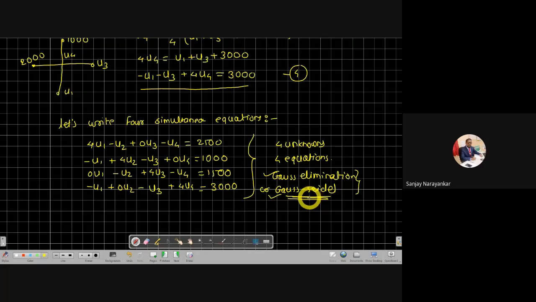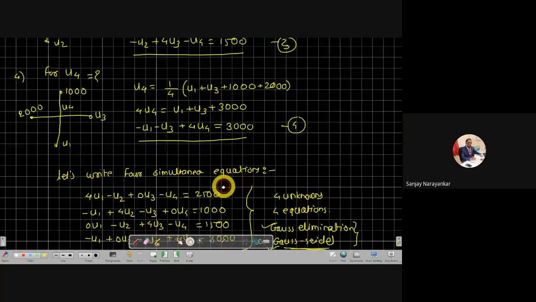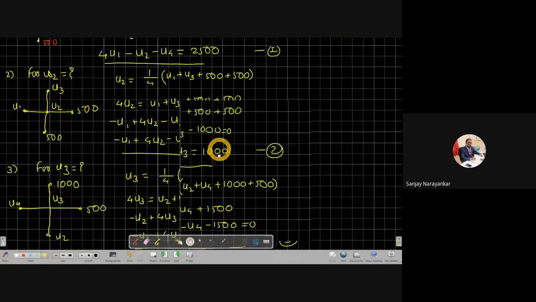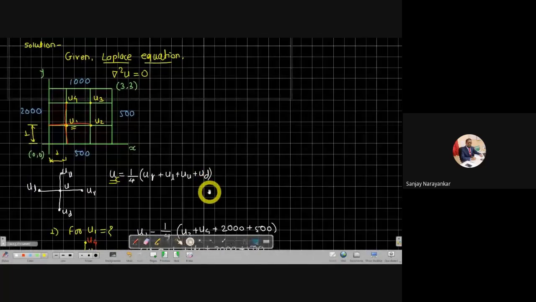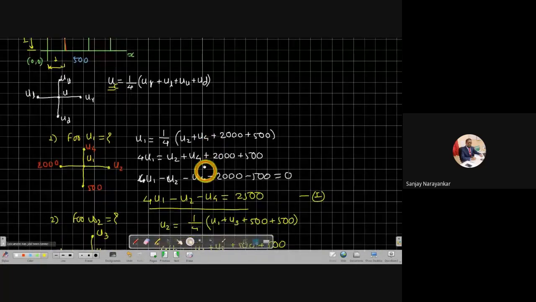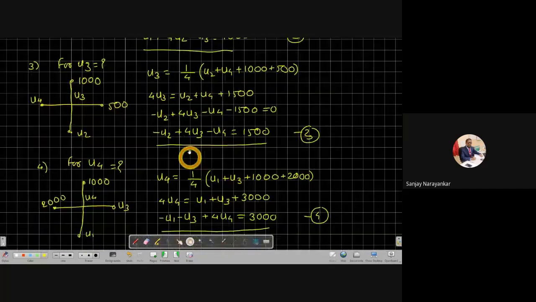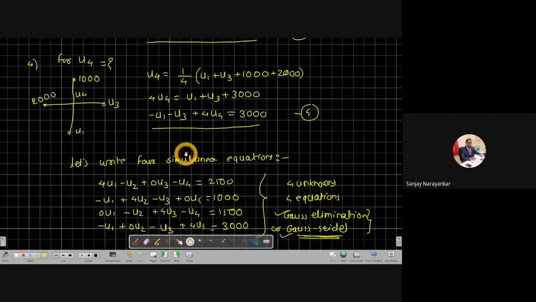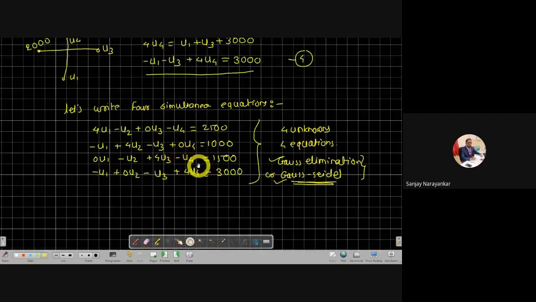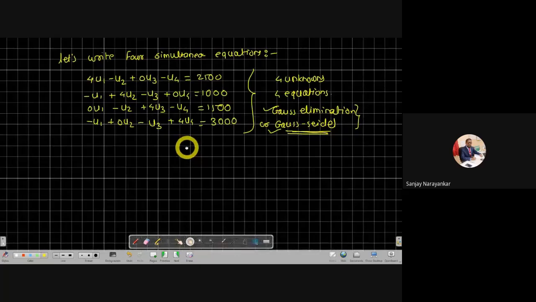And see, students, the question which is asked for the examination is of 10 marks. To get the equation is a very simple part. So you will get half of the marks for getting the simultaneous equations, right? There should not be any challenge to write this equation using Poisson Laplace.